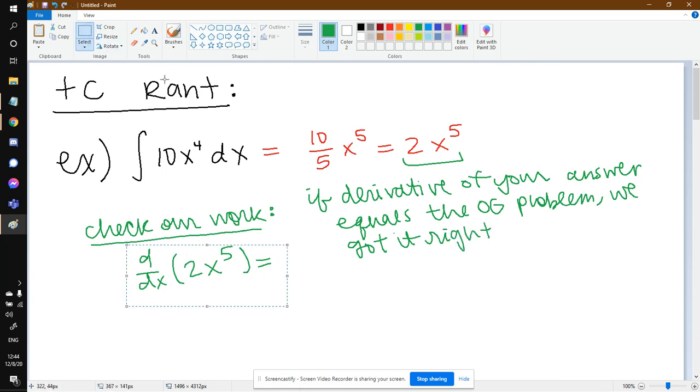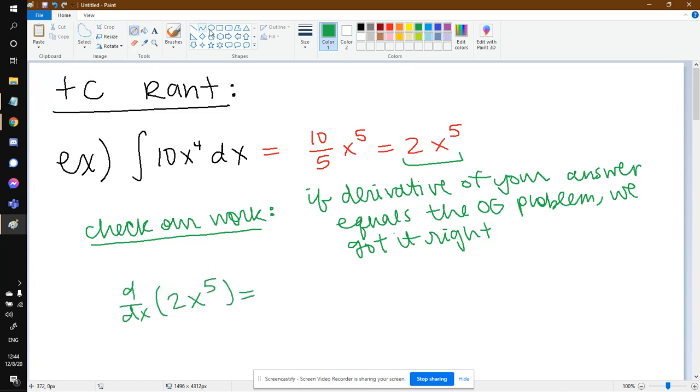Nice. Let's check our answer. What's the derivative of this? We use the derivative power rule where we do the coefficient times the exponent, and then we move this down by 1. We get 10x to the 4th, and we're crushing.